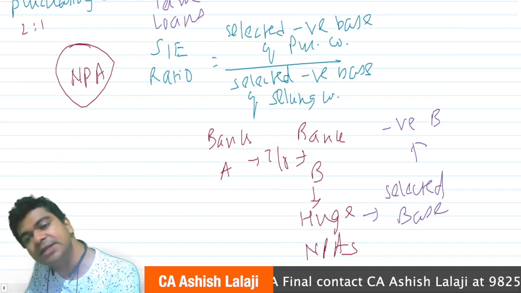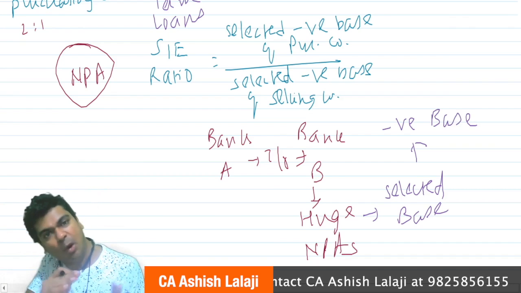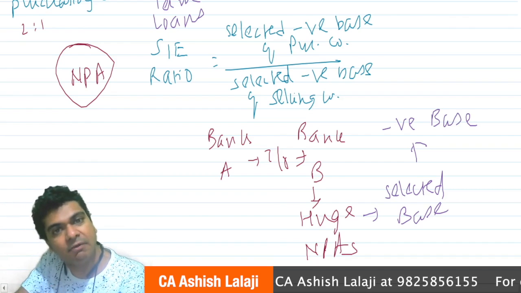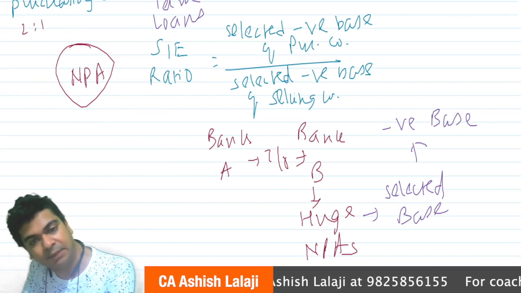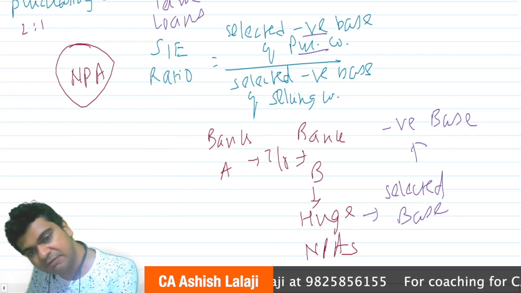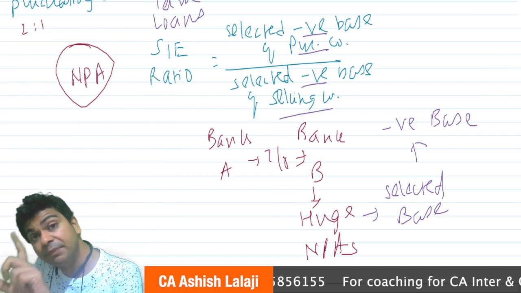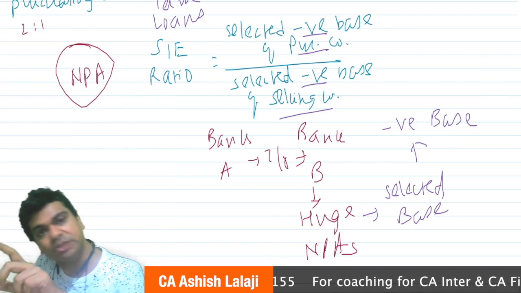That means it is a negative base. So NPA of bank A will be divided by NPA of bank B. That is, the selected negative base of the purchasing company will be divided by the selected base of the selling company, and thereby we will work out the share exchange ratio.